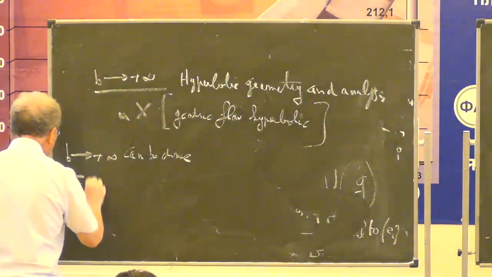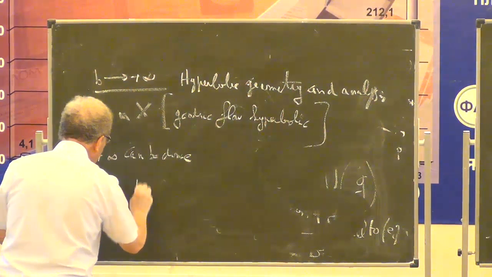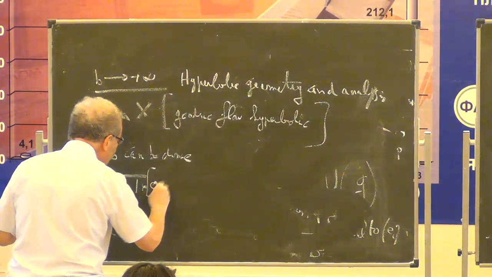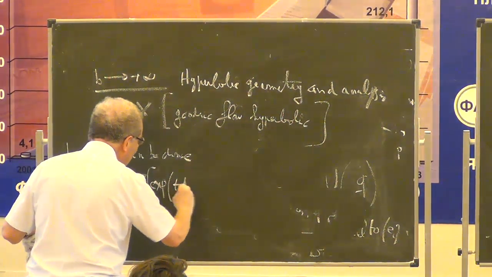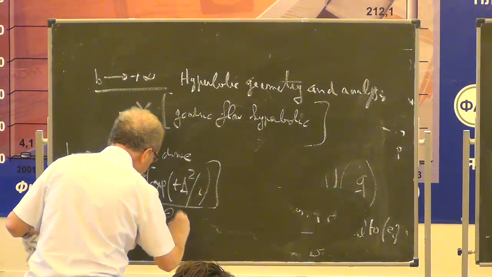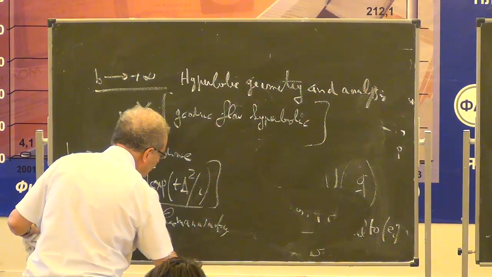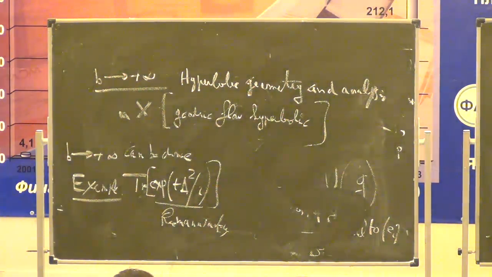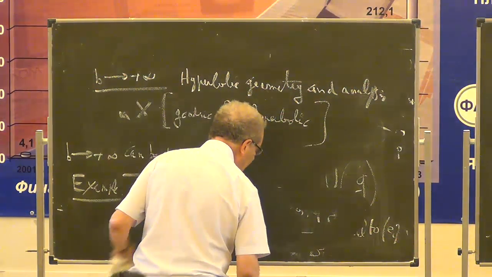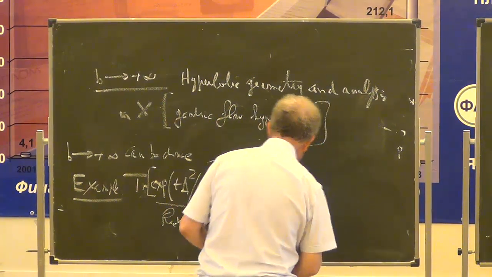And as an example, I just say that this method gives you the original Selberg's trace formula. The original Selberg's trace formula was valid just for Riemann surfaces, first of all. But what I'm talking about is valid for arbitrary symmetric spaces of compact type with completely explicit formulas.